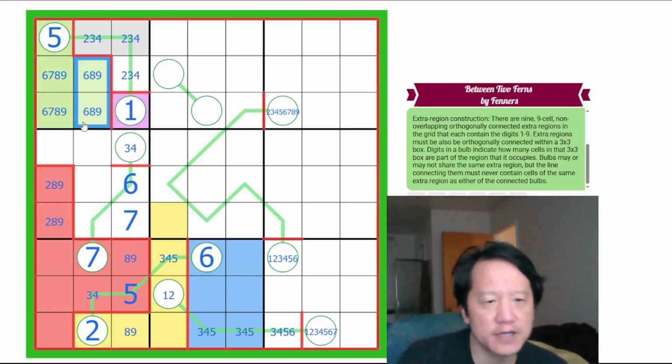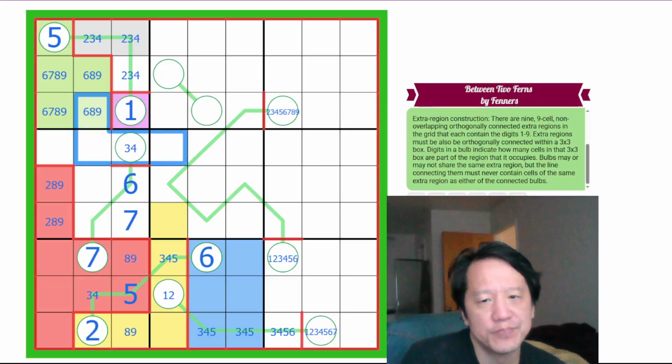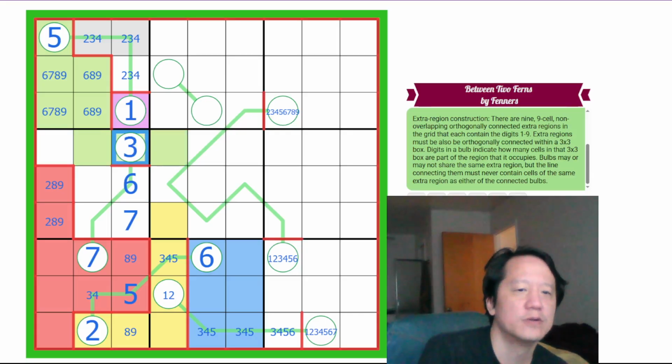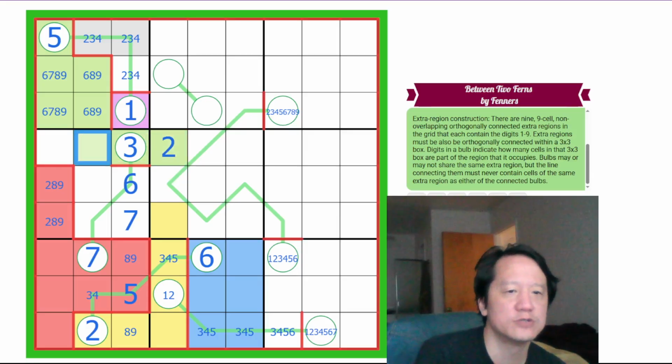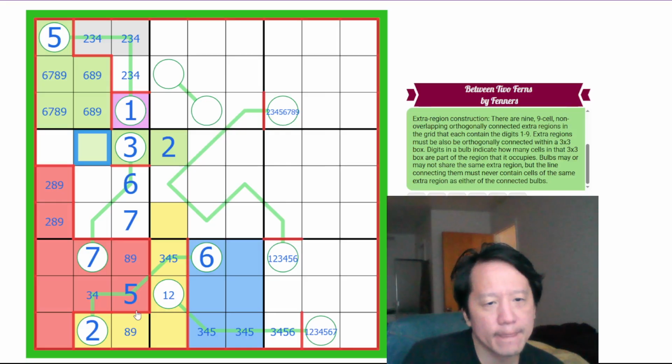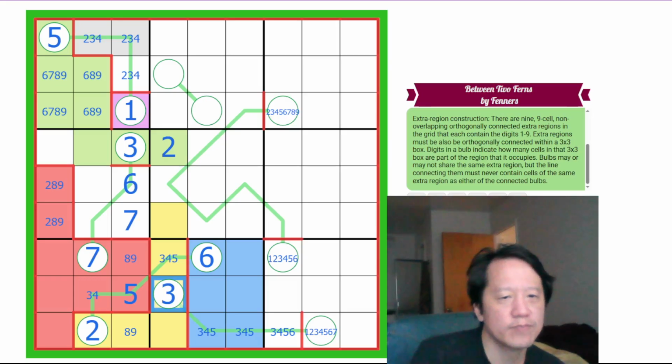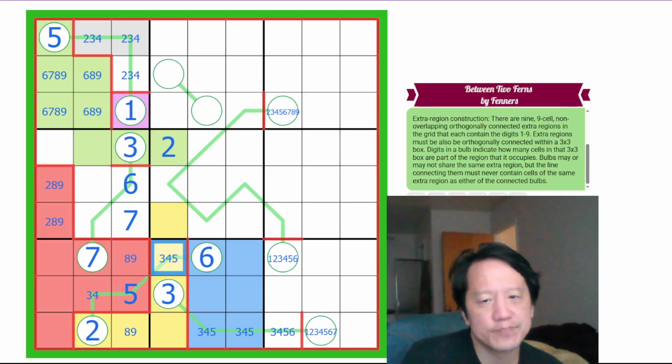This green needs access to a 2, and the 2 in this box is not going to be valid, so it has to go out this way. Which means this is green, that must be 3 here. And we need access to a 2, so this has to be 2 that way. Which means this can't be 2, but it has to be 3.